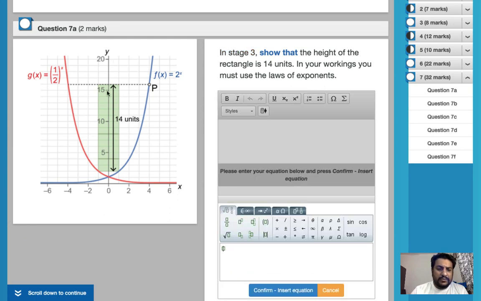As we know, P is 4 over here, the x coordinate is 4 over here, and we know it starts from 2.